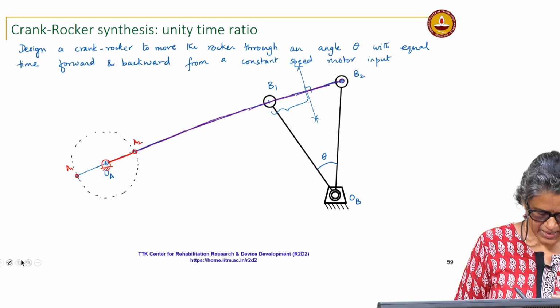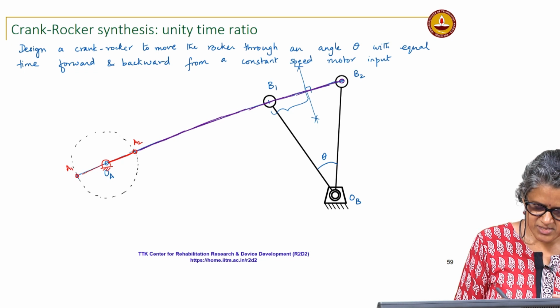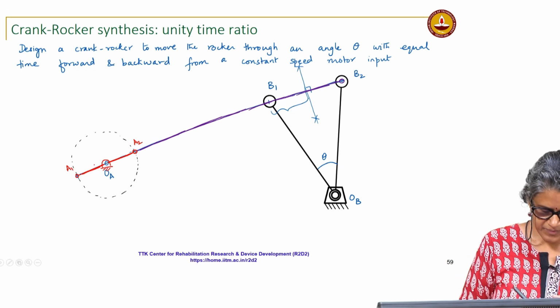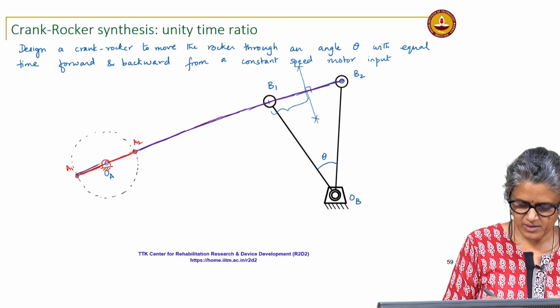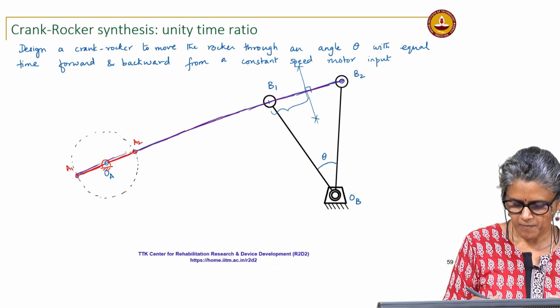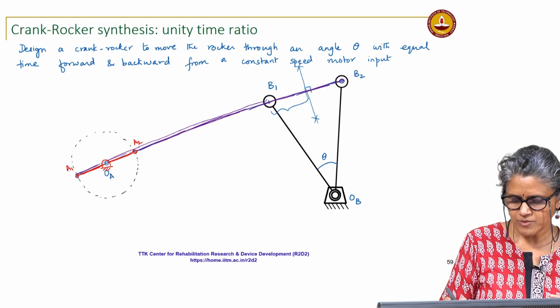Then in the second position, this is my link OA A1, and now A1 B1 is overlapping from here to this point.